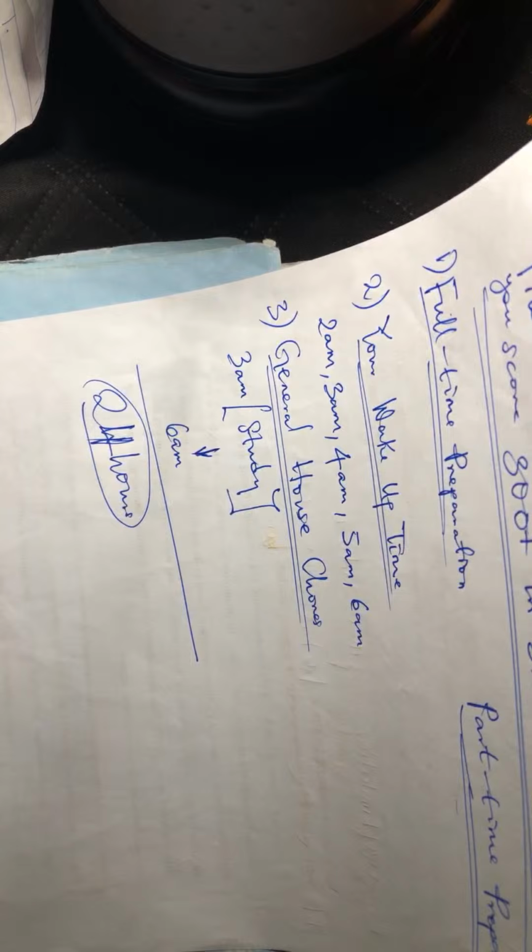Okay, so we have 24 hours a day. Now let's say that your house chores has taken 2 hours. You count the number of hours left after the house chores.